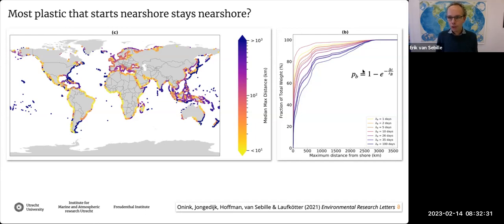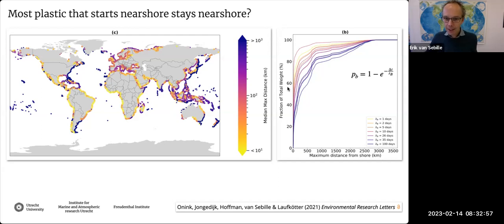It depends a bit on how you define the beaching probability, how much likelihood you put on a particle that's close to the coastline actually beaching again. You have to set a timescale to that. But in any case, half or so of all the plastic doesn't get further than 500 kilometers from the coastline. That's the way that you have to read this figure over here.